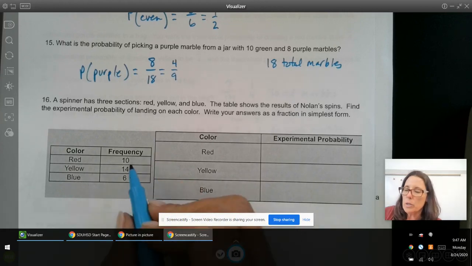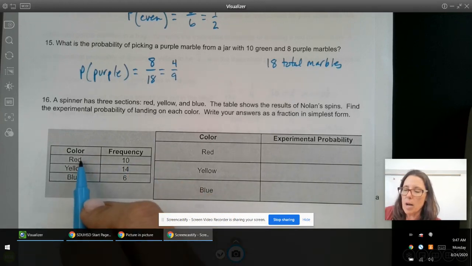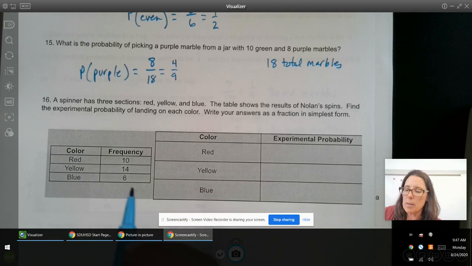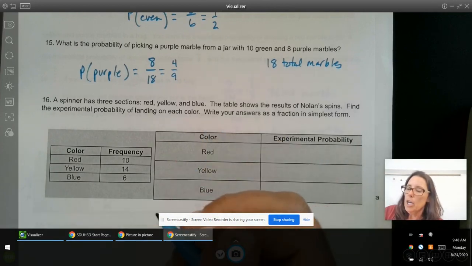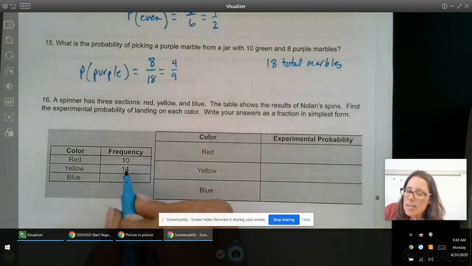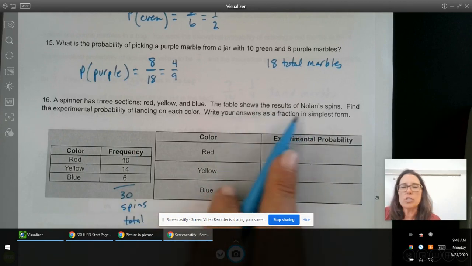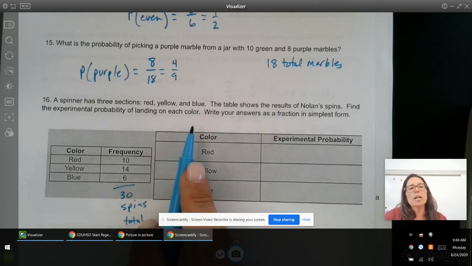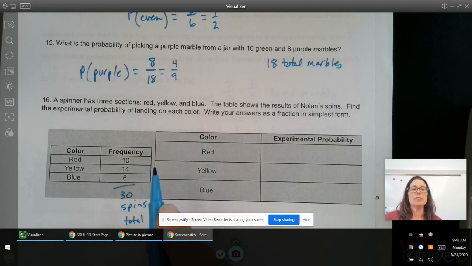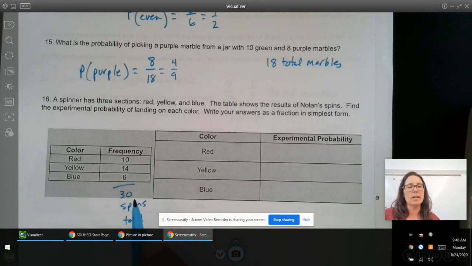So we've got 10 reds that popped up, 14 yellows, and 6 blue when Nolan actually did the spinning. So it's important to add these up: 30 spins total. Notice that was not given to us in the problem. Sometimes it'll say Nolan spun 30 times, and in the chart below were his findings, but that was not given.